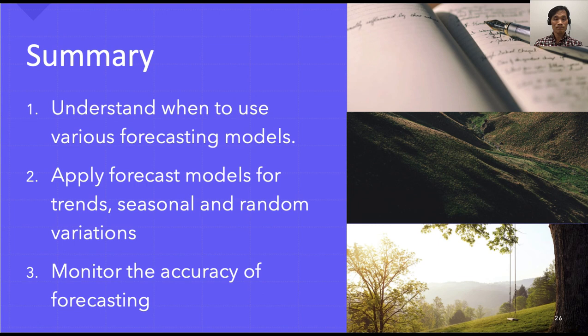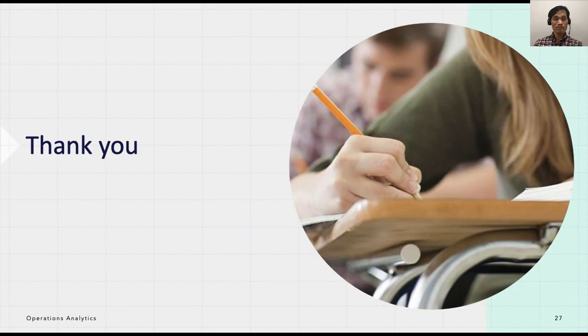That we have learned. And we also learned how to apply those models to real data using Excel, which has been done together. And thirdly, we have also learned the measures of accuracy of forecasting and tracking signal that is used to monitor the accuracy of forecasting. I hope this lecture was helpful for you to understand what forecasting is, and thank you so much.